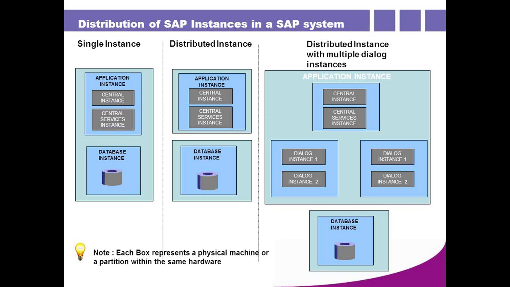But the best recommendation is that the database should be separated from the SAP. Whether it is 6 instances or 20 instances or 90 instances, that is a different story. But the database should be on a separate server. It is the best practice.